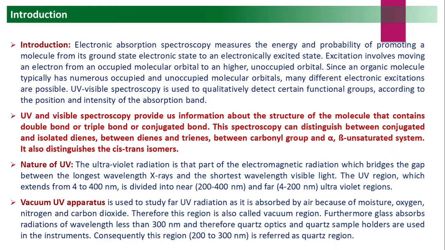So you remove the air from the UV apparatus, and absence of air makes it a vacuum UV apparatus. The atmospheric gases like oxygen, nitrogen, carbon dioxide contain multiple bonds and absorb in the 4 to 200 nanometer range. That's why we have to use vacuum UV for the measurement of absorbance below 200 nanometer.